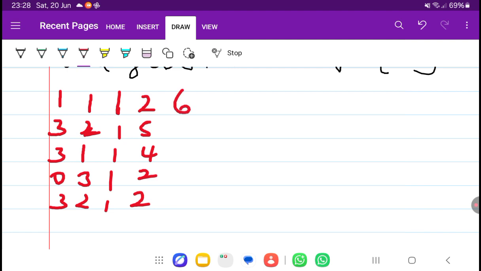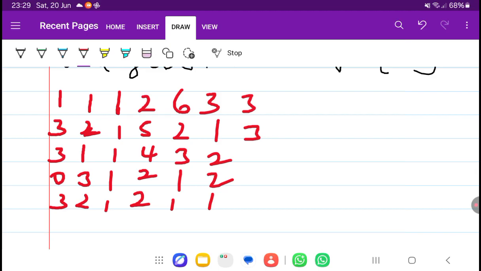Then 6, 2, 3, 1, 1. Then 3, 1, 2, 2, 1. Then 3, 3, 2, 3, 3.